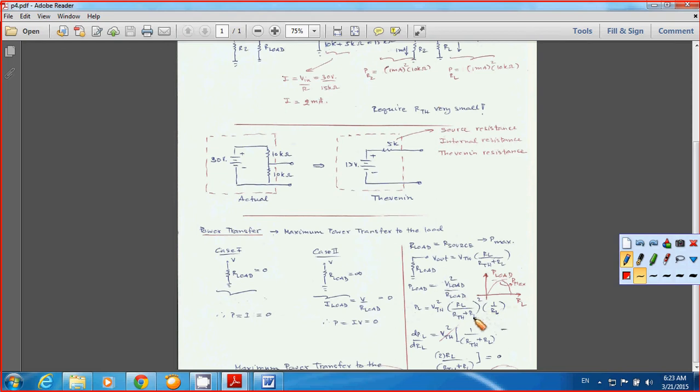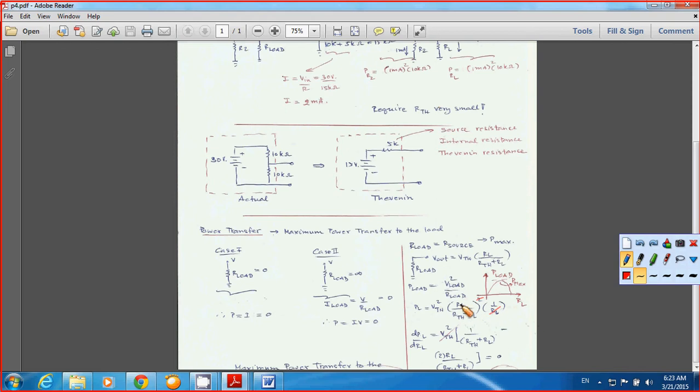You differentiate the power to the load with respect to RL. The first term you differentiate, I cancel this one out.